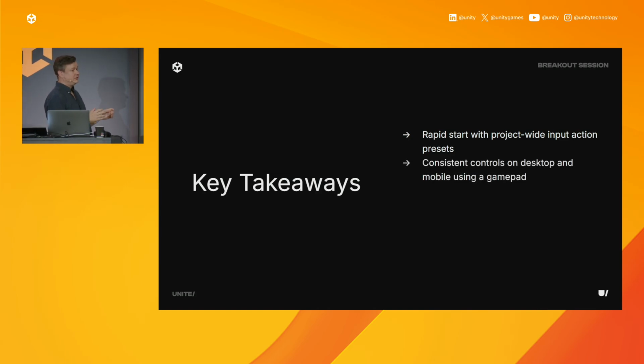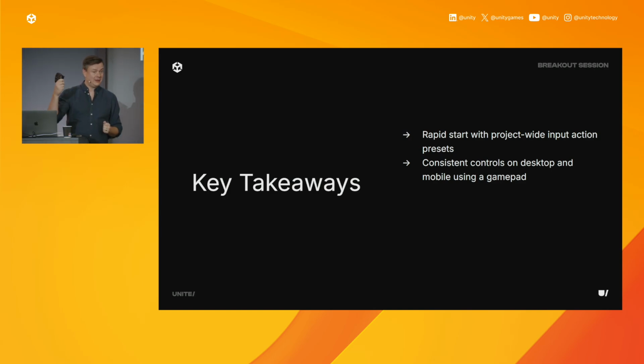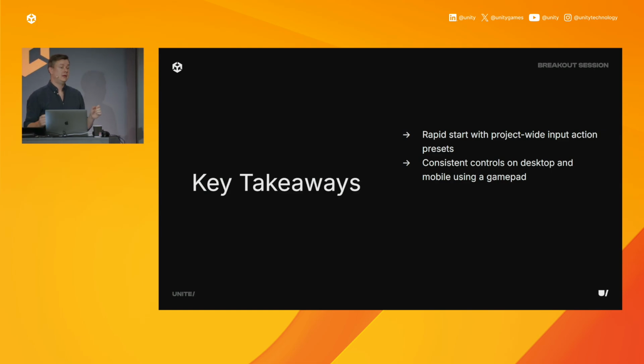And then we took it one step further. We realized that, okay, this is not going to translate to a lot of users. So it's great, you can use a physical gamepad on mobile, but you had a good point, Cristiana. Let's do on-screen controls. So we built that without writing a single line of code. We used the existing on-screen stick and on-screen button components and got the job done.